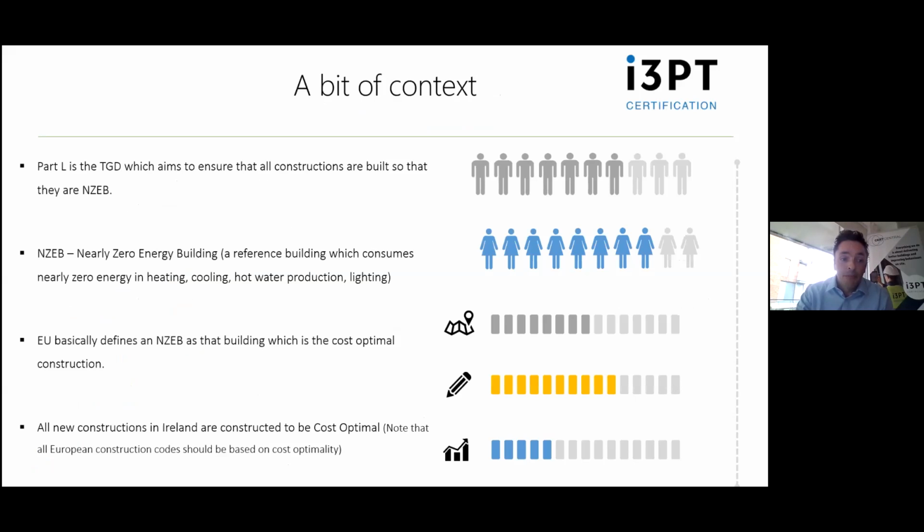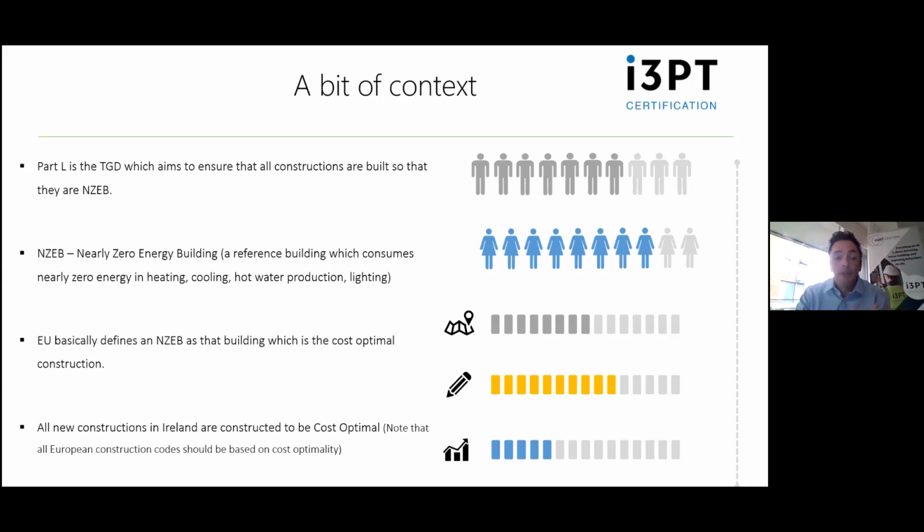So Part L is the TGD which aims to ensure all constructions are built so that they are nearly zero energy buildings. An NZEB is a reference building which consumes nearly zero energy in heating, cooling, hot water production, and lighting. And the EU has basically defined an NZEB as a building which is cost optimal.